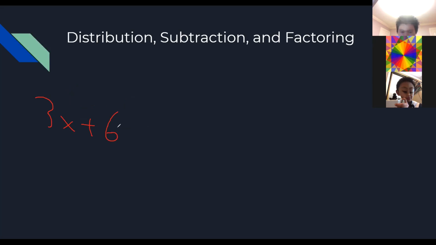If we were to do the opposite of what we were doing before, factoring instead of distributing, we can see that each side has a factor of 3. So we have 3 times x plus 2.